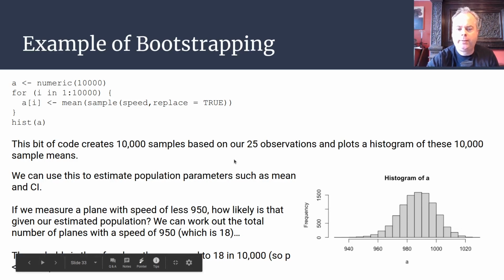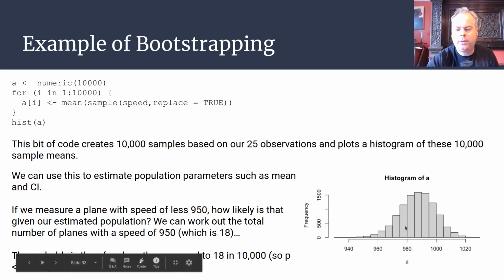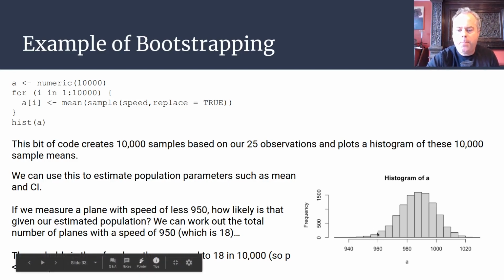And we can use this population to estimate parameters such as the likely mean of the population, but also confidence intervals as well. So by doing this bootstrapping, if we measure a plane, say with speed of less than 950 miles an hour or whatever, how likely is that given our estimated population? Well, we can actually work out where in this bootstrapped population that point actually lies.